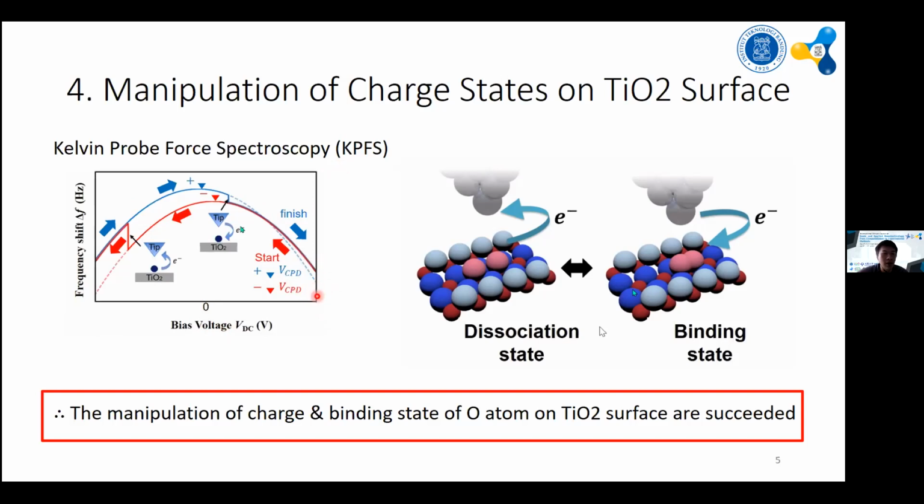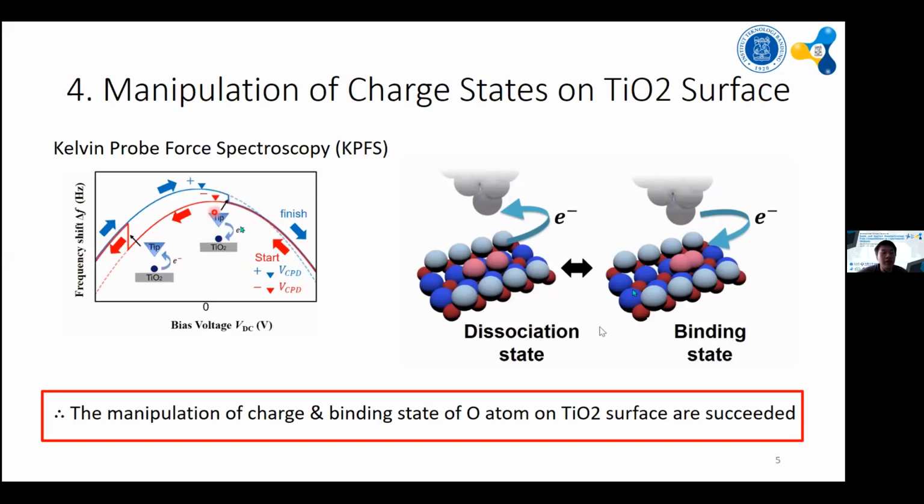And with the decreasing of bias voltage, at a certain point, we can see that the electron from the sample will transfer to the tip. And this kind of phenomenon will create a frequency jump like this. And when we reverse the voltage or increasing the voltage, the reverse happen.